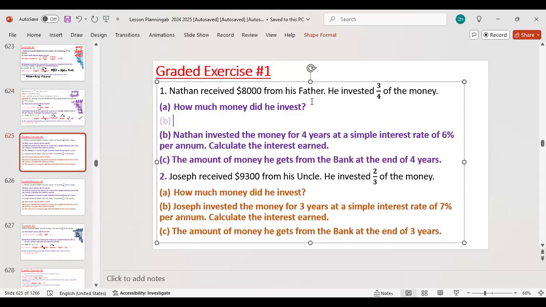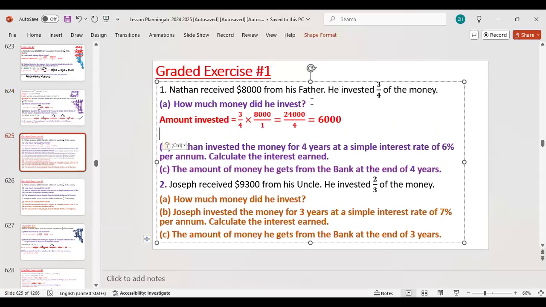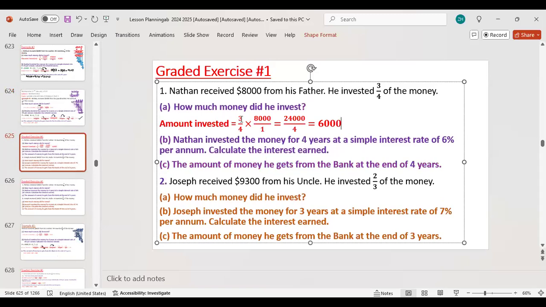And then you're gonna multiply side by side. You get 24,000 at the top, and 4 times 1 is 4 at the bottom. And then you're gonna divide 24,000 by 4 and get 6,000. Very good.